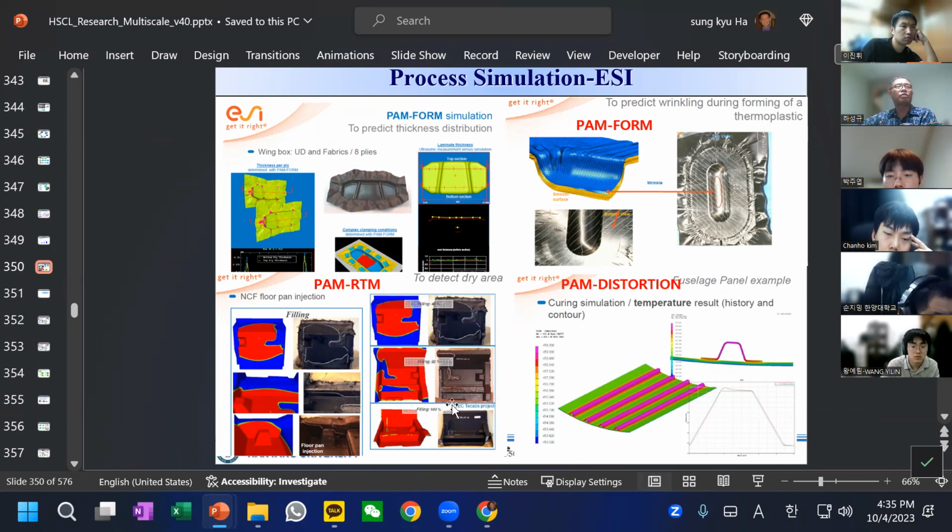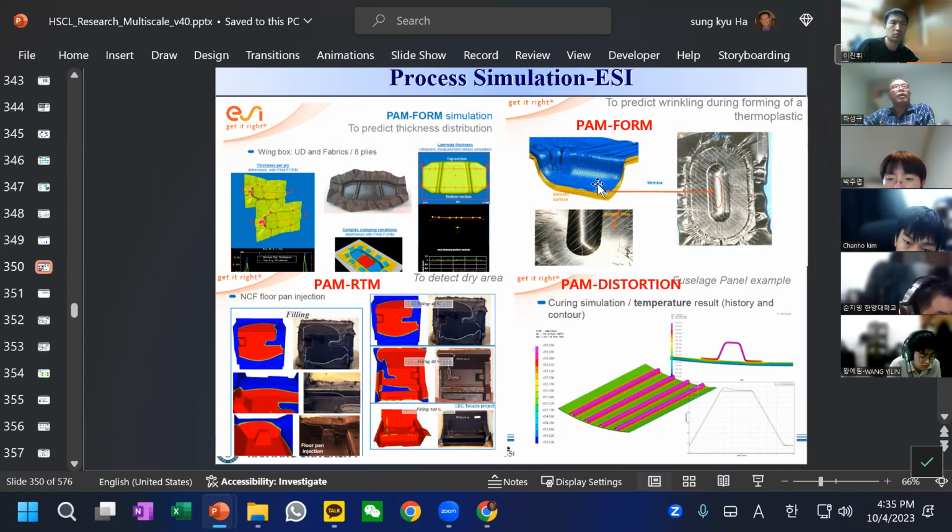Through these procedures, the resin can flow, and then it cures. Curing means that it has chemical reactions, and it can predict distortions and forming. Forming is the one we just discussed, like the prepreg forming. But RTM is the dry fabric and resin flow.